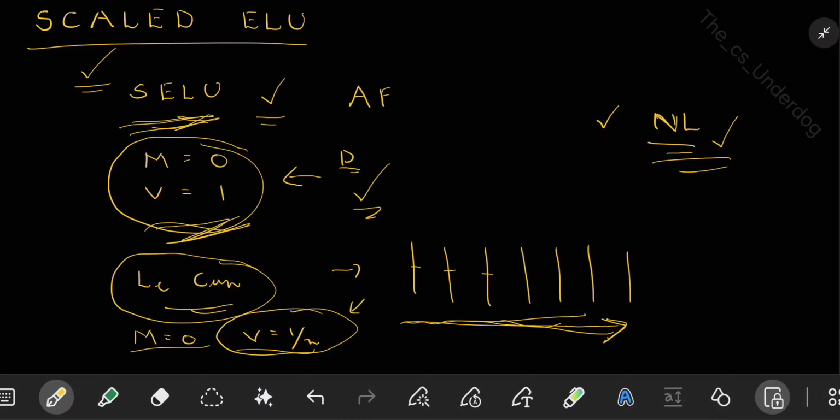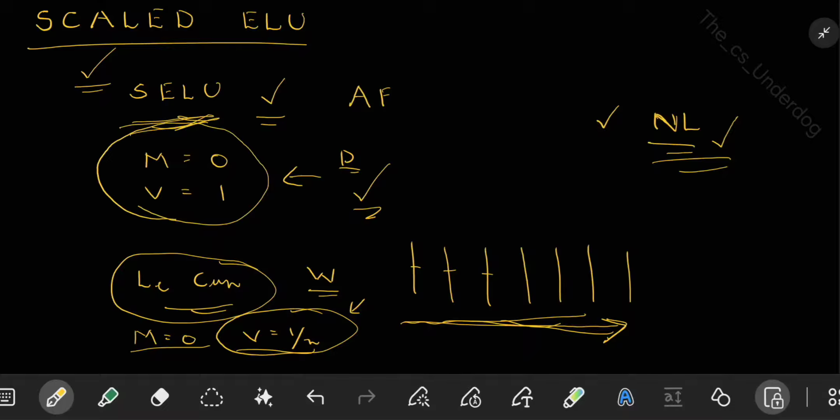But when we are talking about LeCun initialization, this is about initialization, and initialization is done on weights. So this is the important point. When I'm talking about normalization, mean 0, variance 1, I'm talking about data and not about weights. But when I'm talking about initialization, that is about weights. What should be the initial values that are taken by your weights?